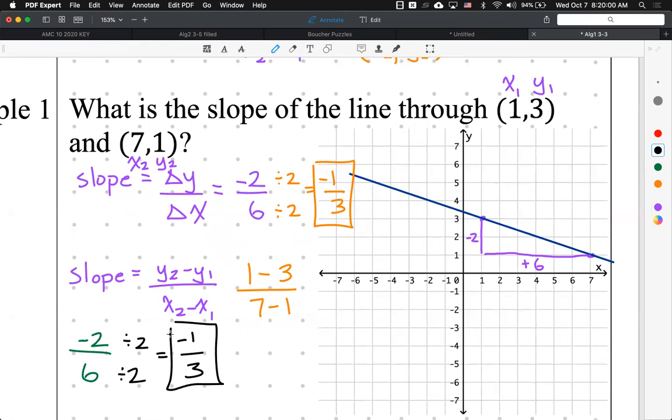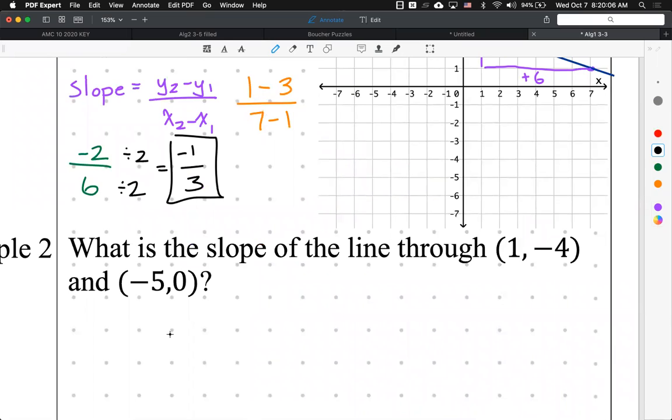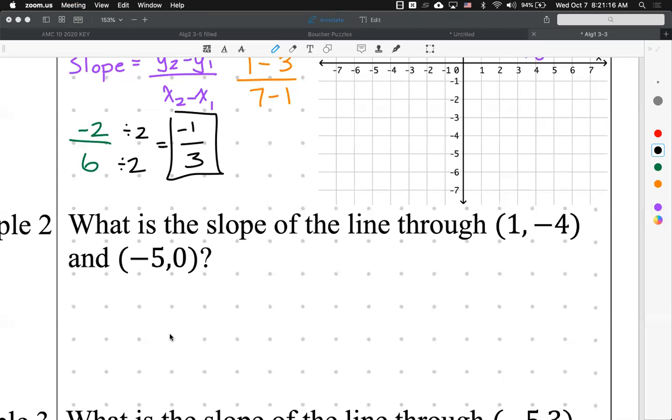Let's try another one where I'm not going to give you a graph. Example number 2: what is the slope of the line passing through (1, -4) and (-5, 0)? I'll let you guys try this for a sec. All right, so quiet raise hand. What was your first step?